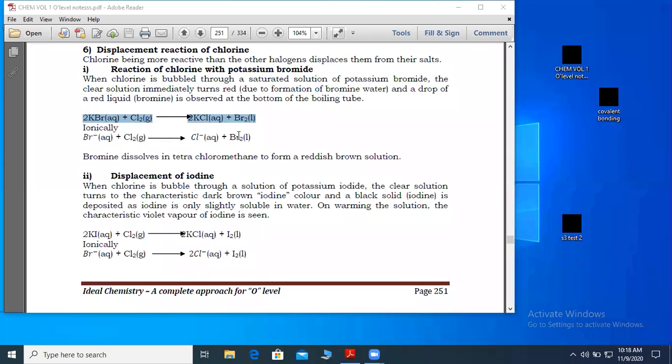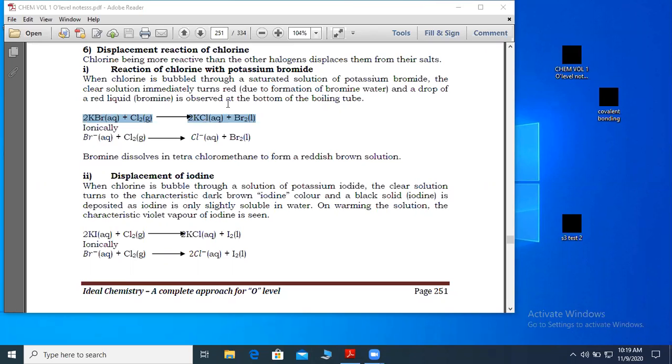then plus bromine liquid. Remember we said these halogens at room temperature exist as diatomic molecules. So when we are writing bromine, we should give it its 2 and we say Br2. So this is the equation. Now, potassium bromide is colorless, potassium chloride formed is colorless, but bromine is red.